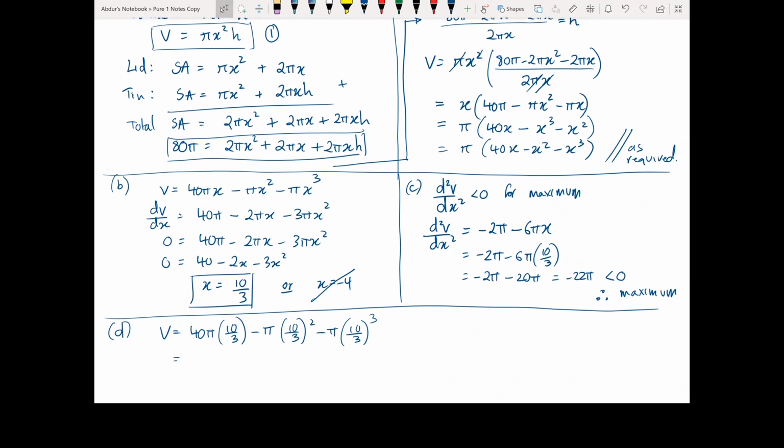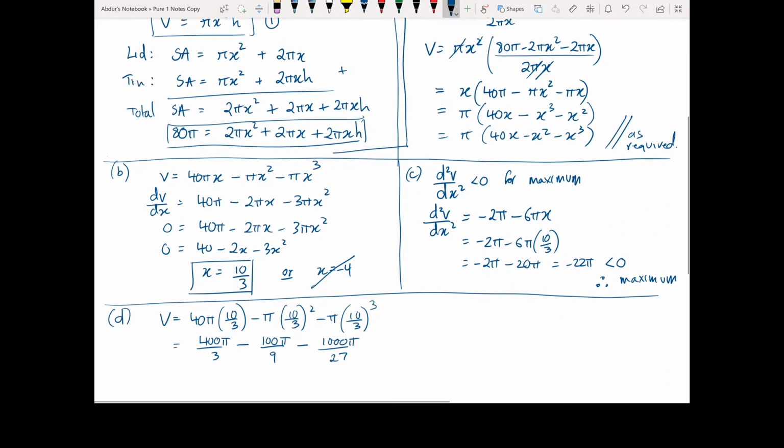And so tidying this up, we get 400 pi over 3 minus 100 pi over 9 minus 1000 pi over 27.